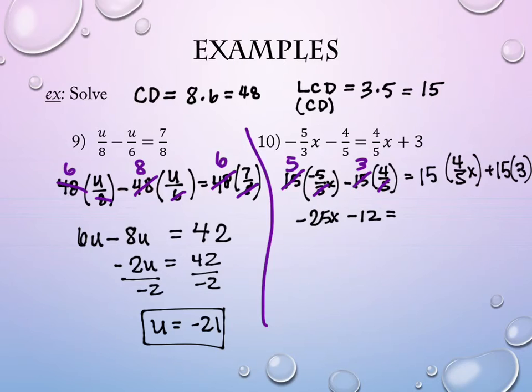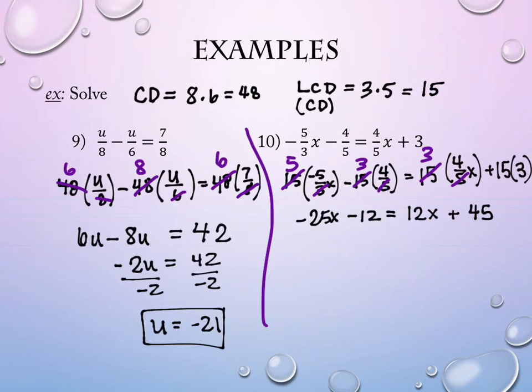And then I have a 15 times 4/5, so 15 divided by 5. That gives me another 3. 3 times 4x is 12x. And the last one, there's no denominator. I just need 15 times 3, which is, do you know? 45. Yep, it is 45.